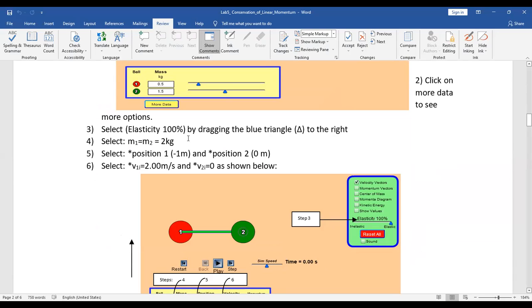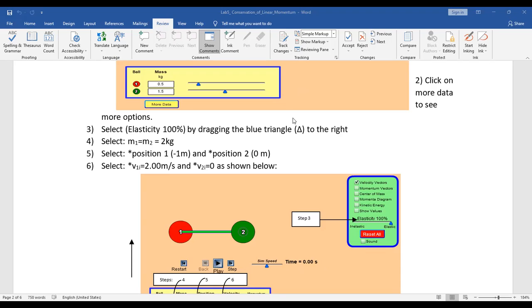It means perfectly elastic collision, by dragging the blue triangle to the right side. In this case the elasticity level is 100%.